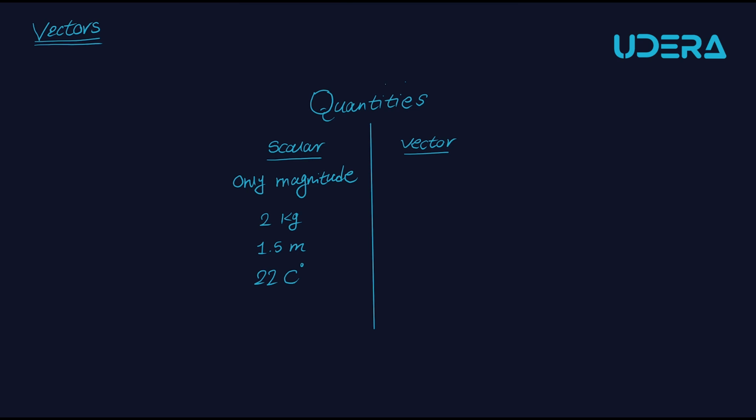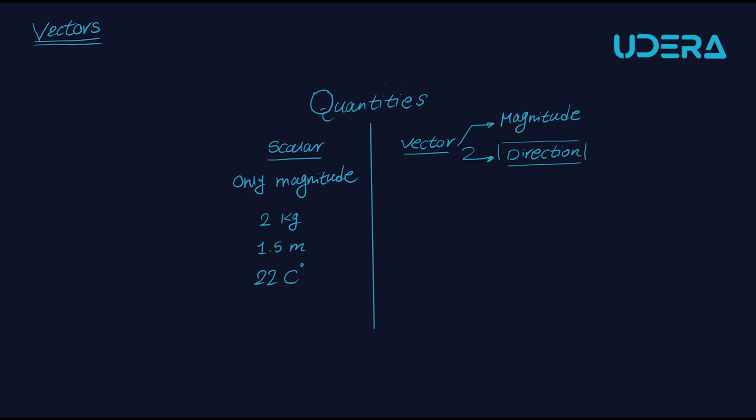When it comes to vectors, vector quantities have both magnitude and direction. So this is the point that distinguishes vector quantities from scalar ones.